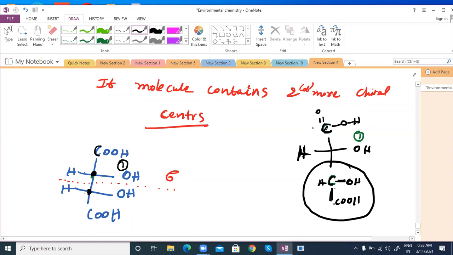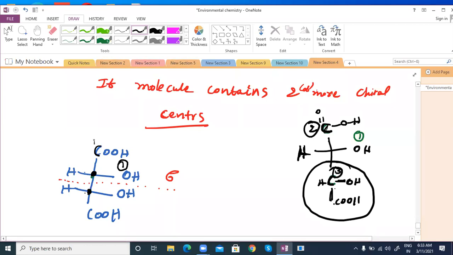So the high priority should be COOH, because that carbon attaches to oxygen 3 times, with the double bond as well as the single bond, but the bottom one attaches to oxygen only 1 time. That's why I give high priority to the above one. So this is 2, and the third priority you can give to the below one, which is CHOH.